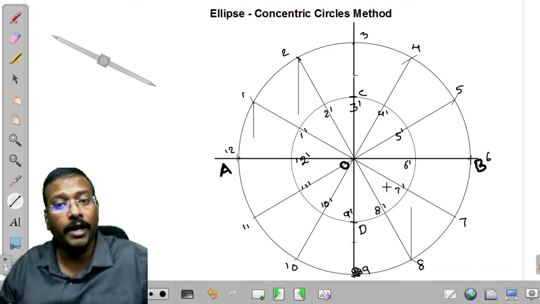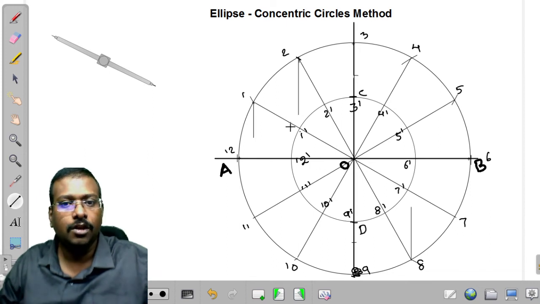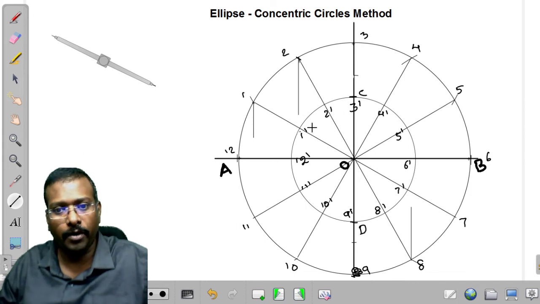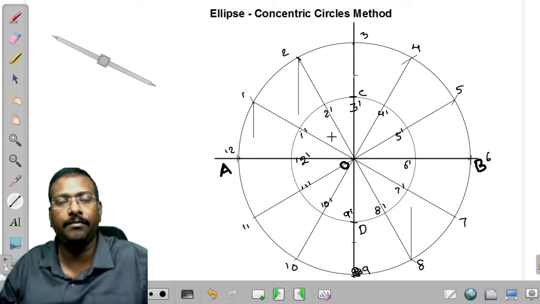Sir, what about the points at the inner circle? So we have to draw the parallel lines to the major axis, because the points which are on the minor circle, what they are? 1 dash, 2 dash, 3 dash, 4 dash, 5 dash, all these points.